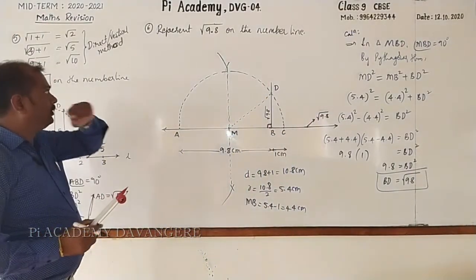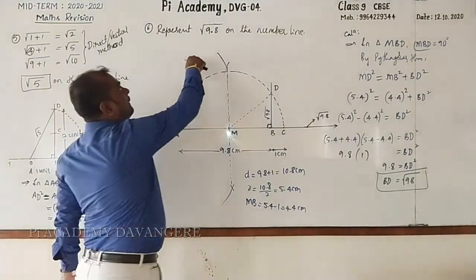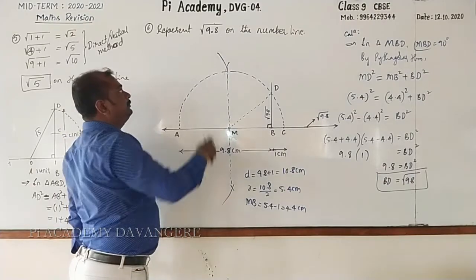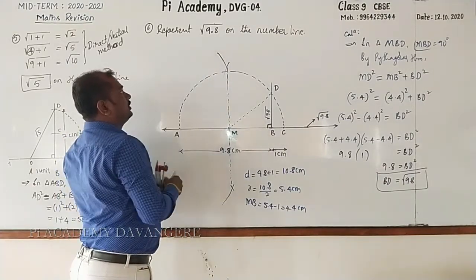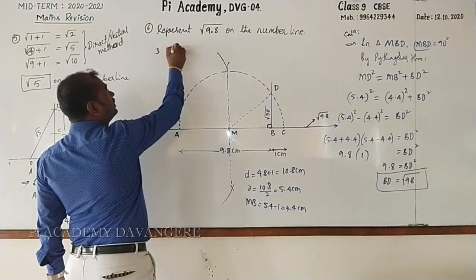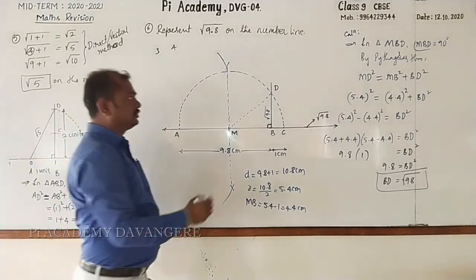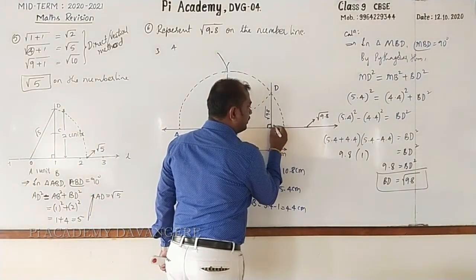You all know that square root of 9.8 is more than 3 and less than 4. But where is 3 and 4? Not there. So that is why you should go on marking for every 1 centimeter.